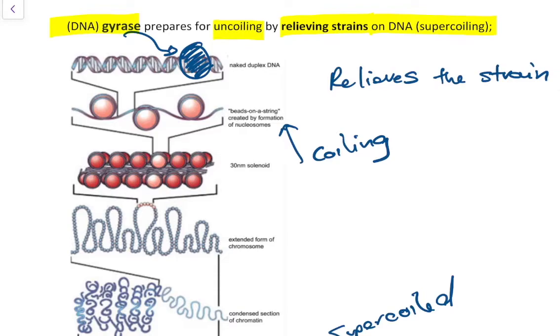So imagine really tightly wound up string. Before you could separate two strands of really tightly coiled up string, you'd have to uncoil it a bit before you could unwind it into two. And so that's our first enzyme. DNA gyrase will relieve the strain on the DNA. It will undo some of the supercoiling that might be there.